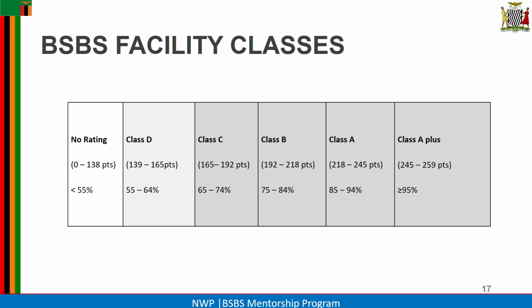So you may start from a no rating, but as you try to implement, you may be increasing the classes. If you constantly check whether or not you are implementing what is missing, or what are the gaps that you identify every time you do either your internal or the external audit, you'll find that you keep on going up until maybe you reach your Class A+.